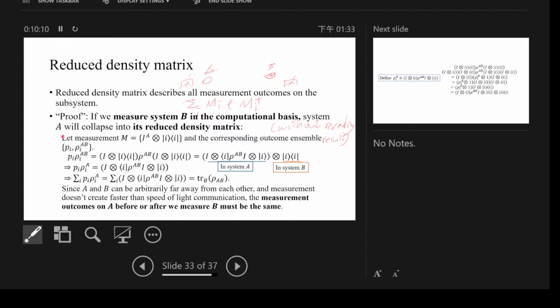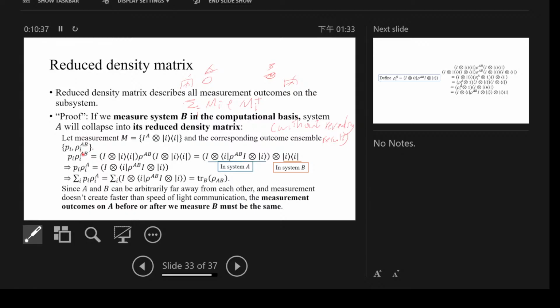In terms of generalized measurement, that's doing the measurement with the measurement operator, the projector onto computational basis state i. And because it's only a measurement on system B, the measurement operator is tensor identity on system A. And you will get a corresponding outcome with some probability p_i and state rho_i AB.